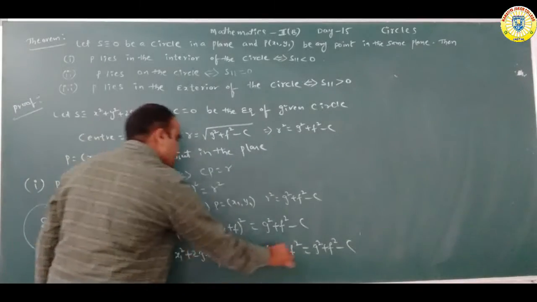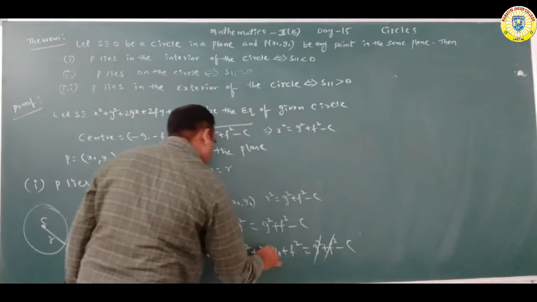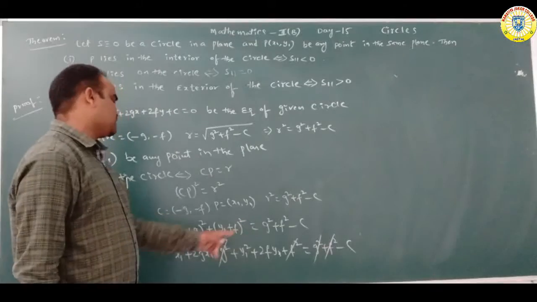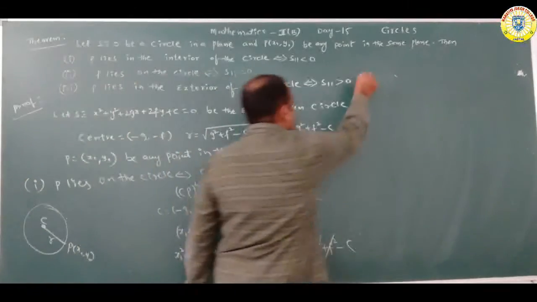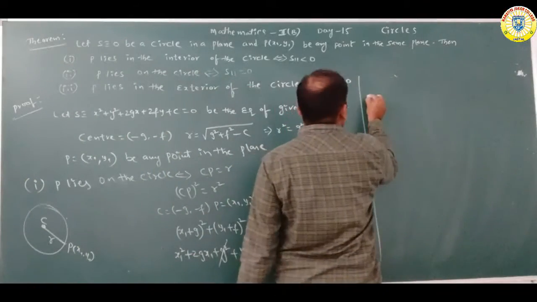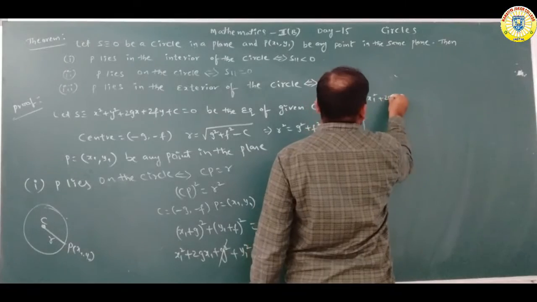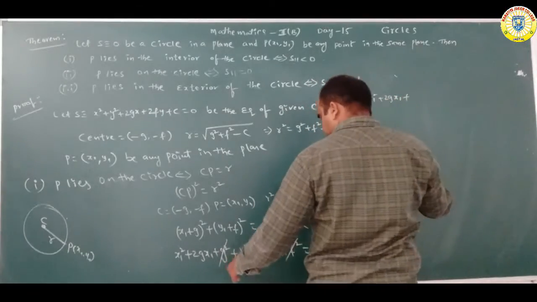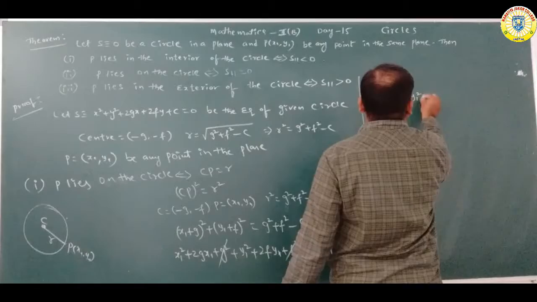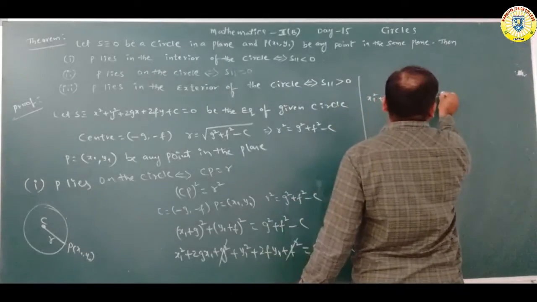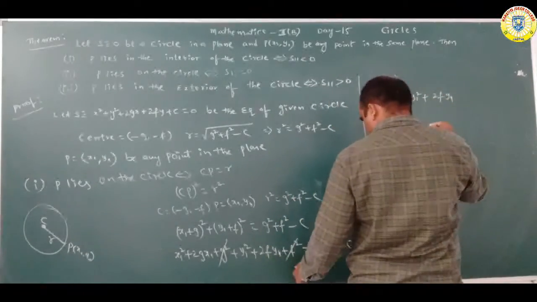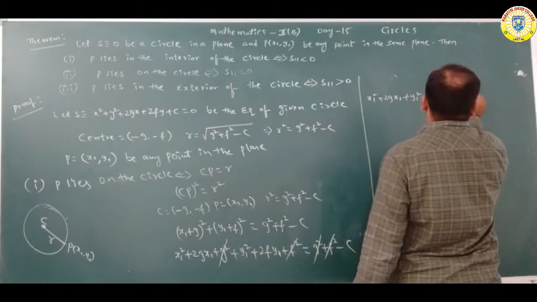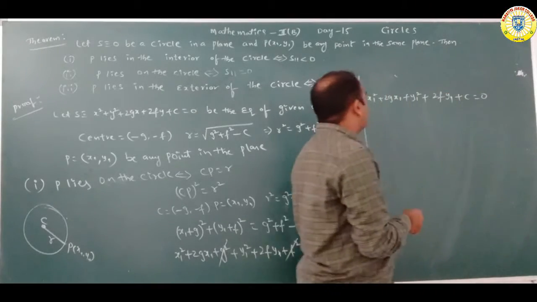Here g square cancels, f square cancels. The minus c we take to the left side. Then we get x1 square plus 2gx1, y1 square plus 2fy1, plus c is equal to 0.